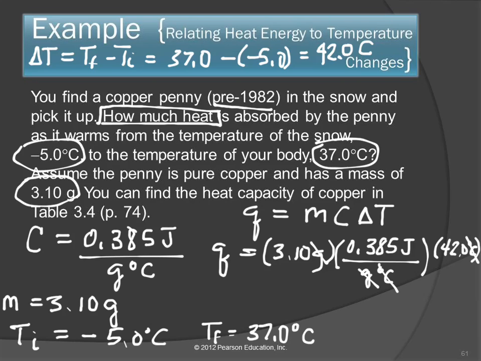I'm left with joules, unit of energy. That's a good sign. 3.1 times 0.385 times 42. Calculator says 50.127 joules. Awesome. Sig figs.